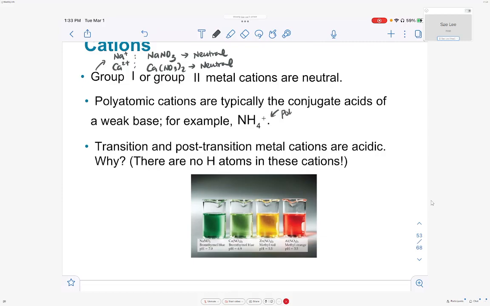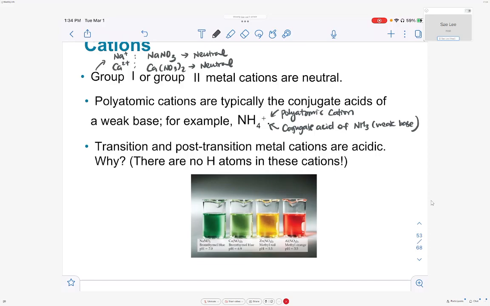This cation is the conjugate acid of NH3, which is a weak base.